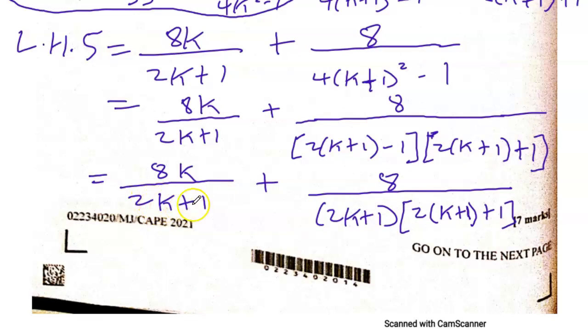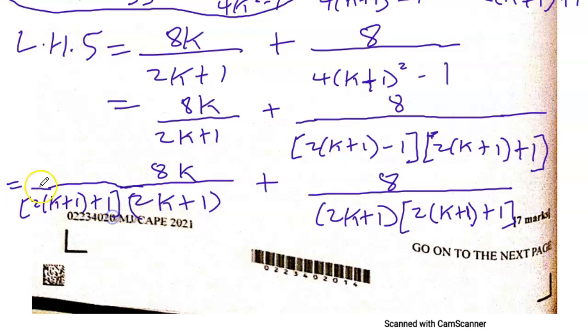Now notice we can ensure we have a common denominator here. So we have 2k plus 1. What we could do is multiply the first bracket here by the square bracket. Notice over here, this is 2k plus 1. So we can multiply this denominator by this square bracket here, so we end up with 2 into (k plus 1) plus 1.